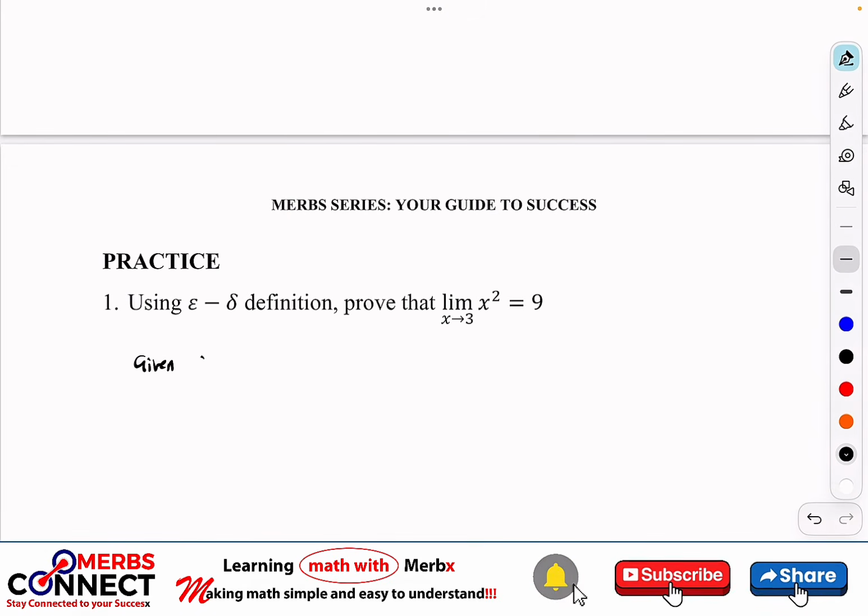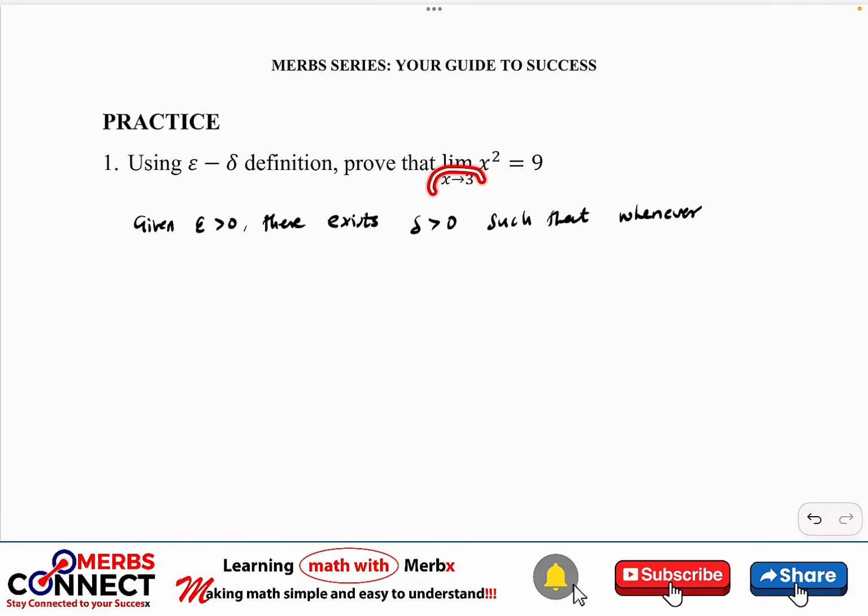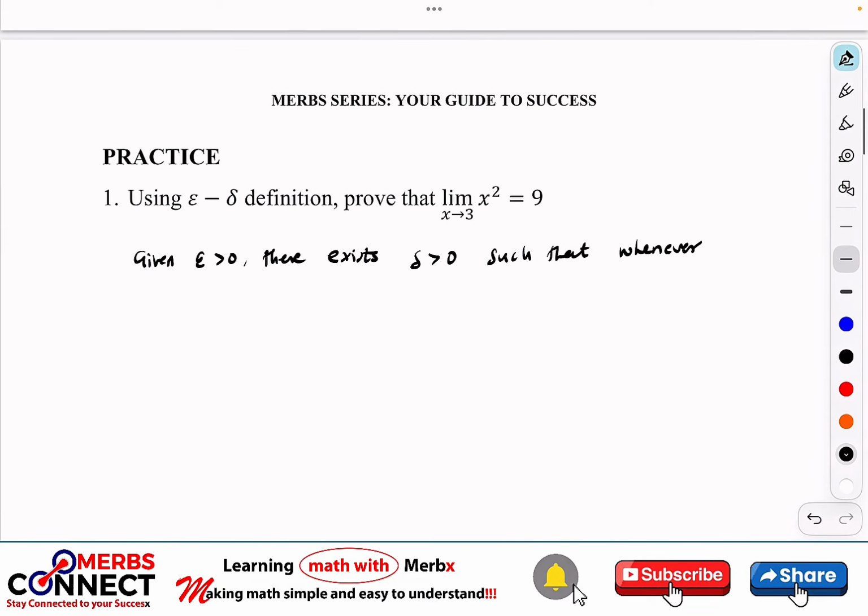So given epsilon greater than 0, you need to make sure that you write this definition quite often so that you'll be able to memorize it. Given epsilon greater than 0, there is a delta greater than 0 such that whenever the distance between x and 3, the absolute value of x minus 3, is less than delta, then the absolute value of x squared minus 9 is less than epsilon.